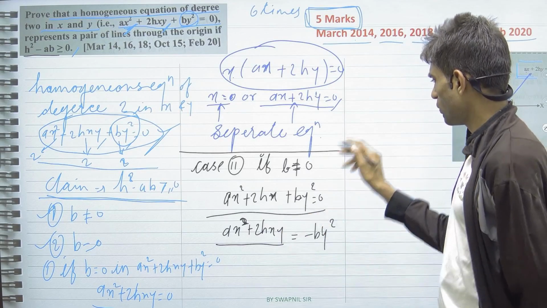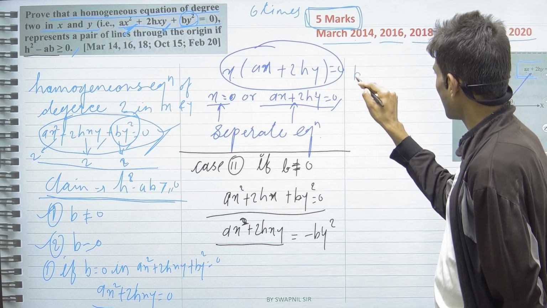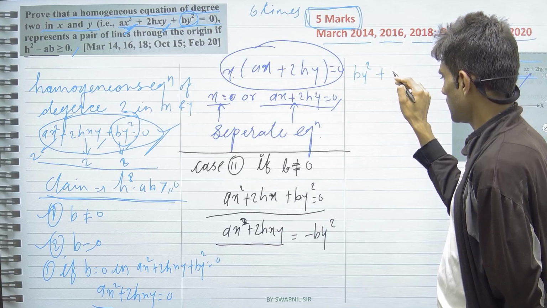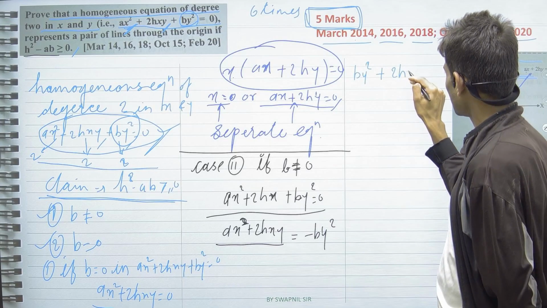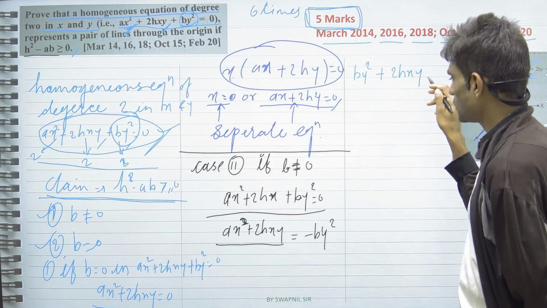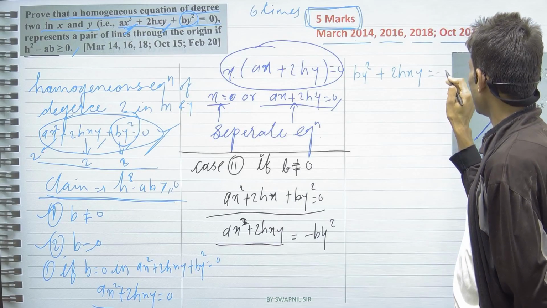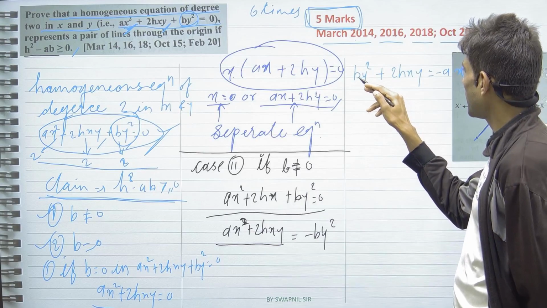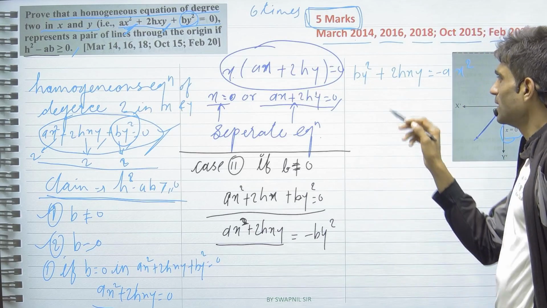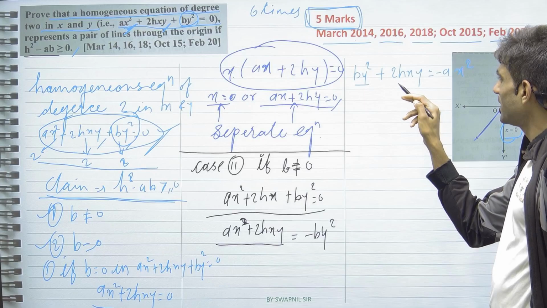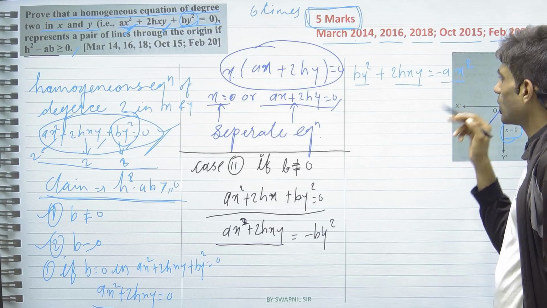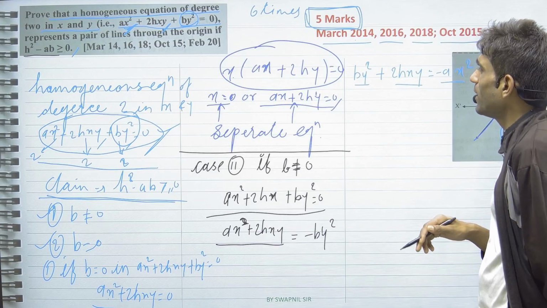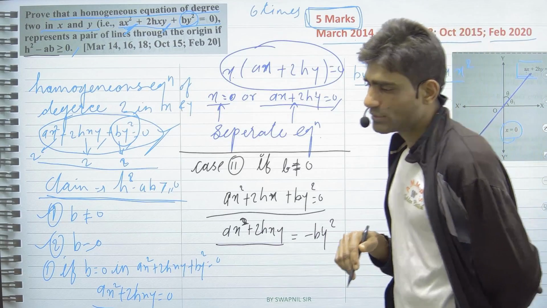So by² + 2hxy is equal to negative of ax². Now we see that we have by² + 2hxy, with variables present here and here. It is not in the form of a complete square, so try to divide throughout by y².